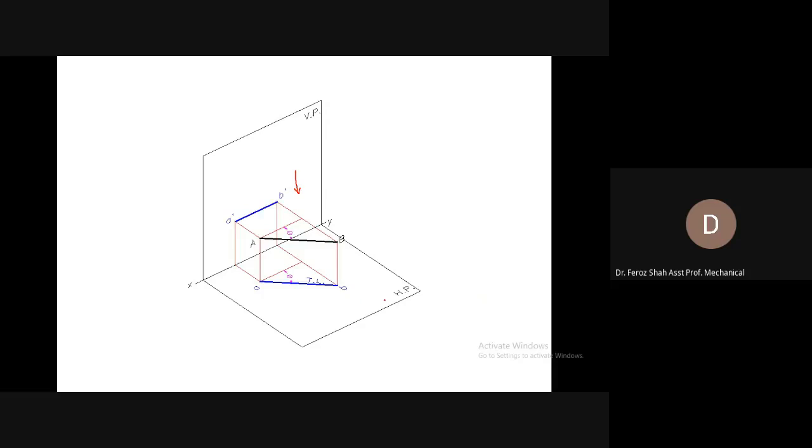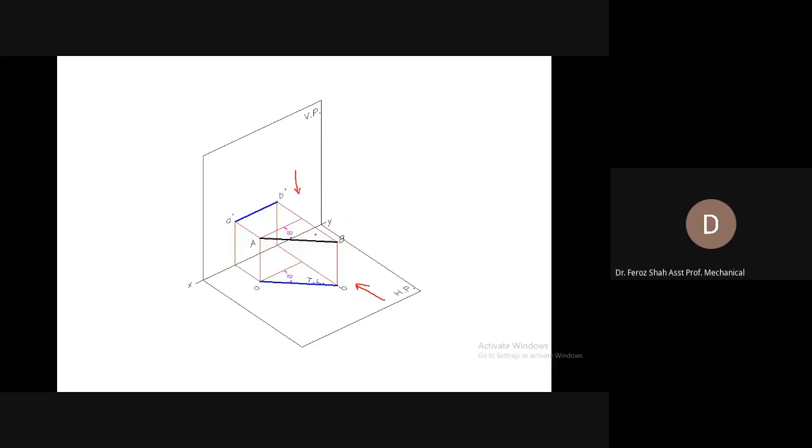You cannot see it by looking at the line from this direction, in the front, because in that case the angle would be hiding behind the AB line, or you cannot exactly depict its size. You can only see it by looking at this plane perpendicularly, or in the top view.